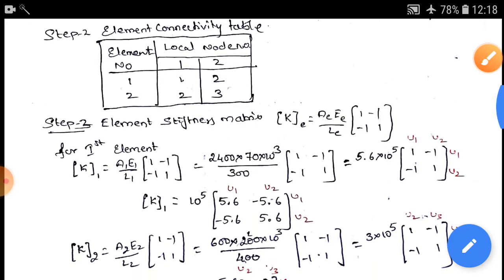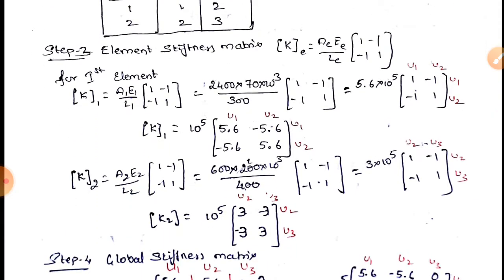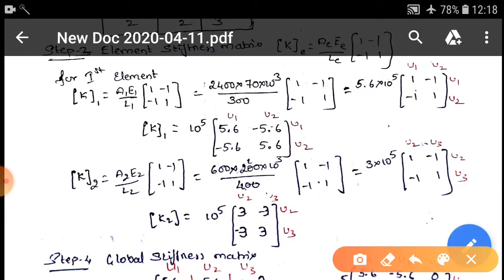So after this, what is the third step? Write the element stiffness matrix using the equation Ke = (AE/L)e [1 -1; -1 1]. Substitute the values of area, Young's modulus and length from the given data. For the first element, A1 is 2400 mm², E1 is 70 x 10^3, and L1 is 300.